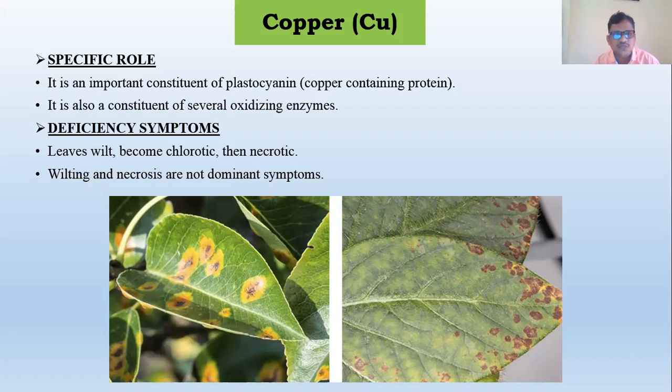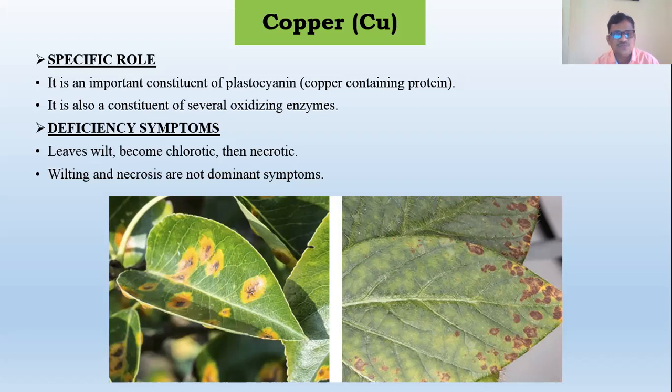Secondly, it is also a constituent of several oxidizing enzymes. In the metabolic activities of any plant, a number of oxidation reduction reactions are going on, and in these reactions copper is a constituent of a number of oxidizing enzymes. In the absence of copper, these enzymes are unable to act in the reactions where they are important. So these are the two important specific roles of copper.